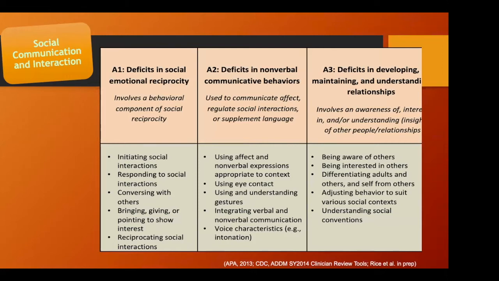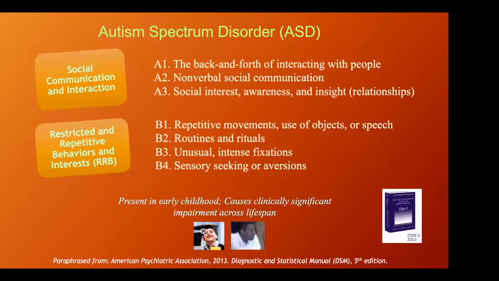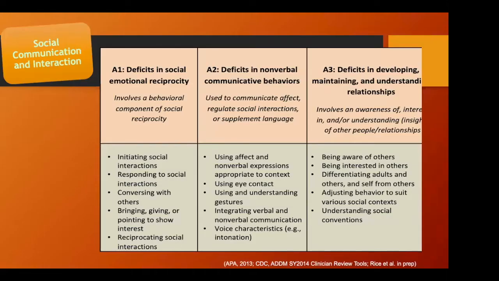For instance, with deficits in social emotional reciprocity, the first criterion for autism, which I paraphrased as the back and forth of interacting with people, we're really looking for behaviors about initiating interactions and responding to interactions.